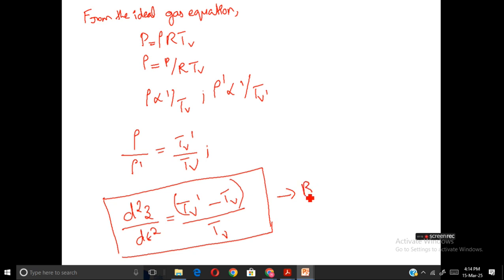This is known as the buoyancy force. Buoyancy: d square z by dt square becomes g into TV dash minus TV by TV.